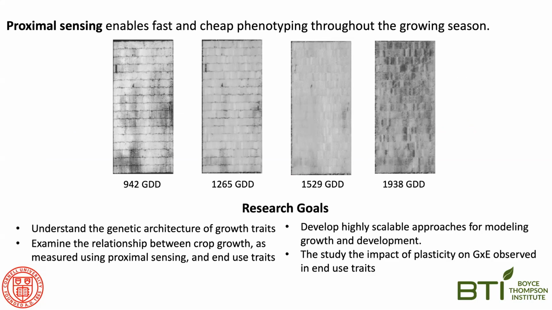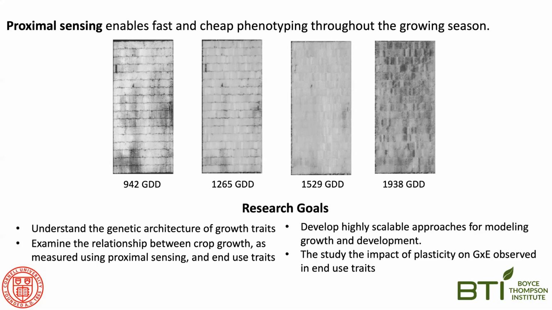And so a lot of what my lab is working on is looking at these phenotypes that are derived from proximal sensing data to try and get a better understanding of the genetic architecture of growth traits, examine the relationship between these traits and key end-use traits. And also develop highly scalable approaches for modeling growth and development and understanding the impact of plant plasticity on genotype by environment interactions in the end-use traits.